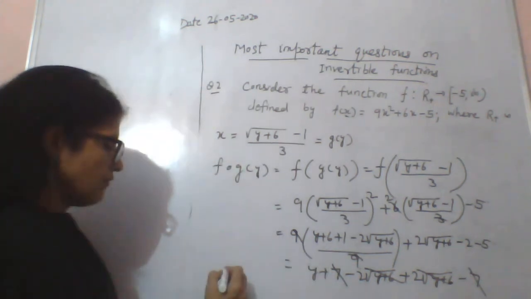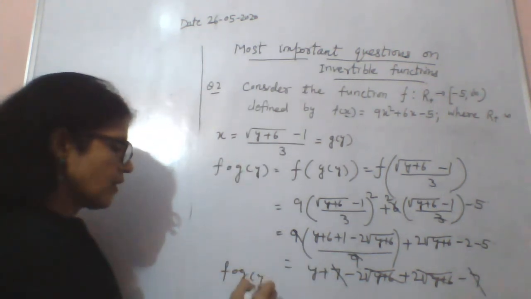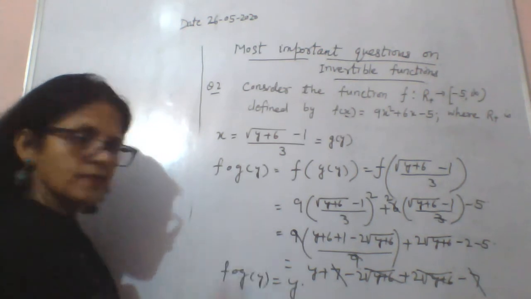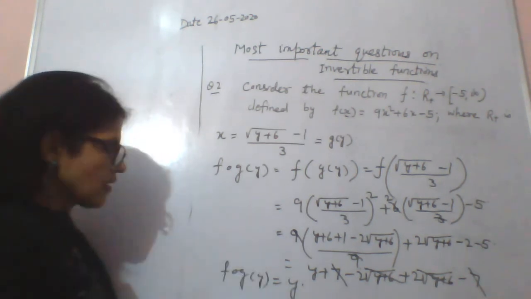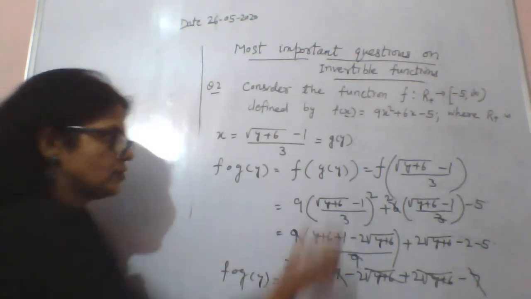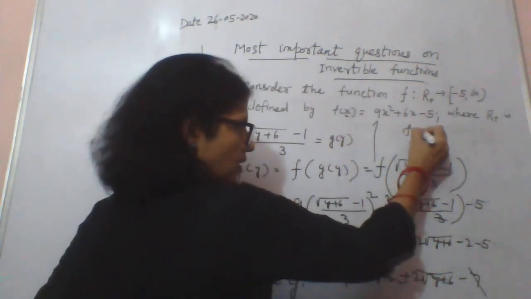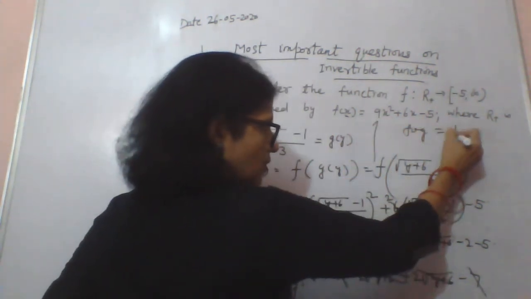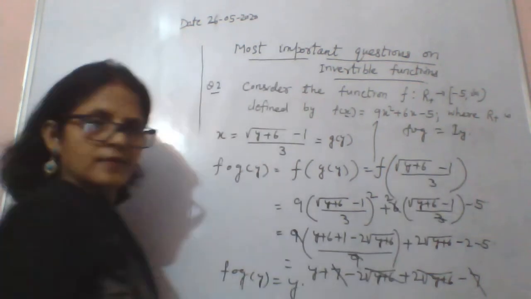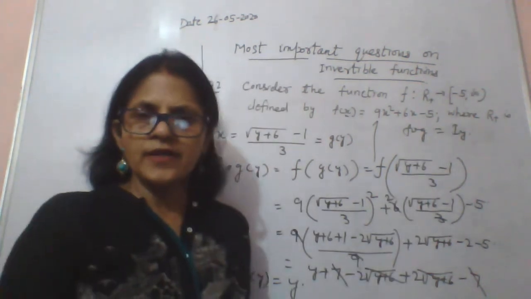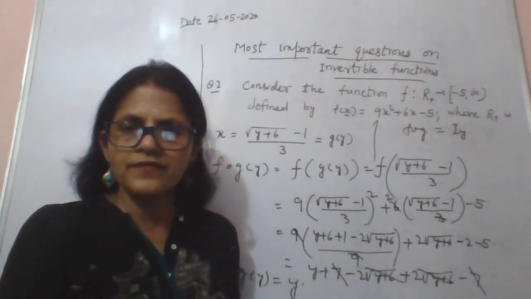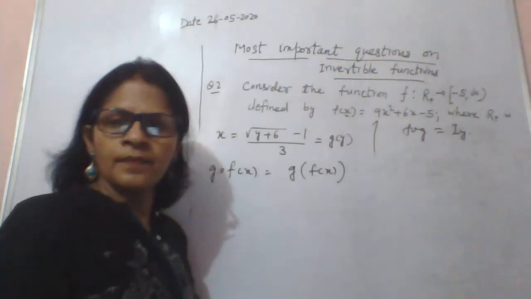So you are having f(g(y)) equal to y. It means you are getting here f∘g equal to I_y. Clear?